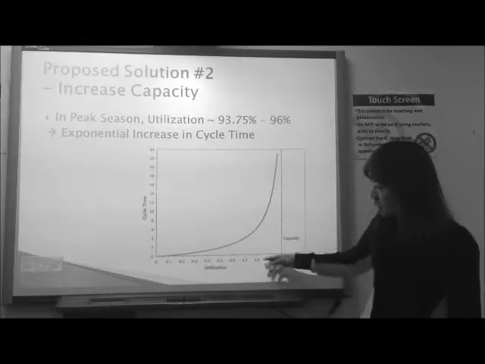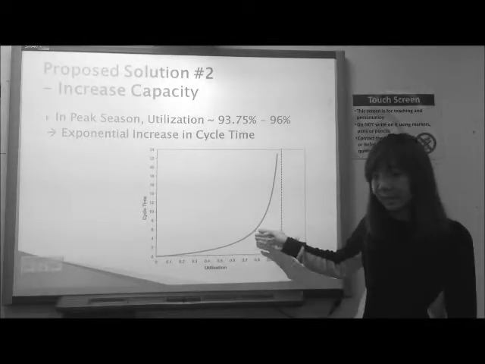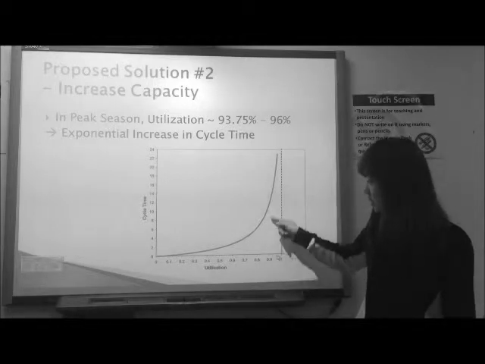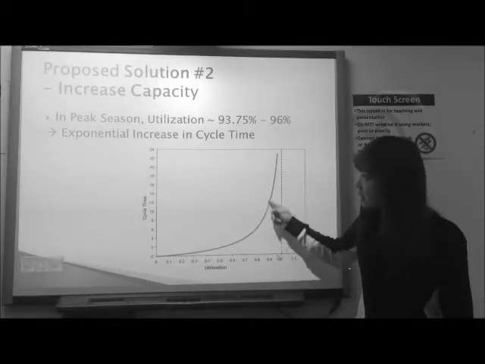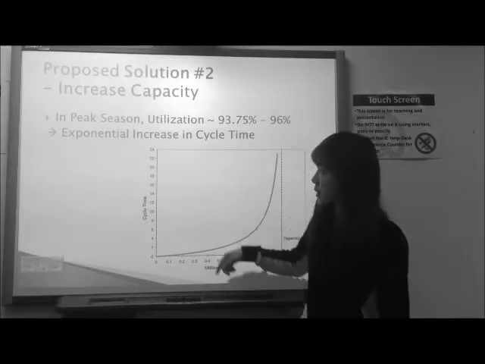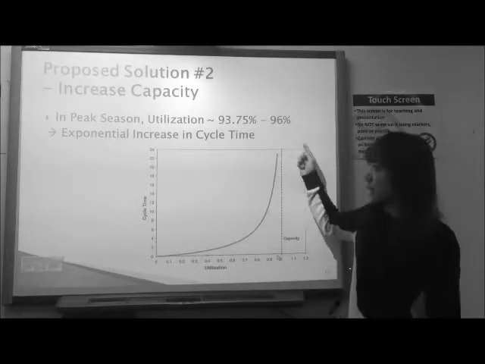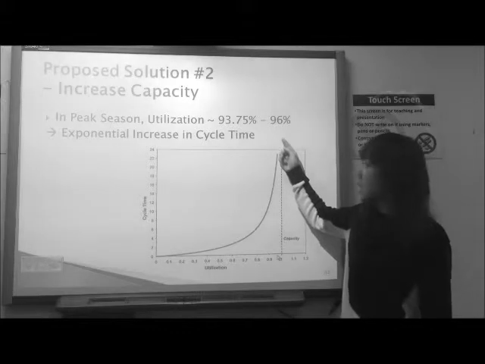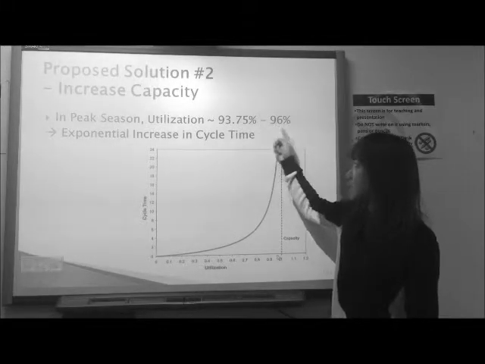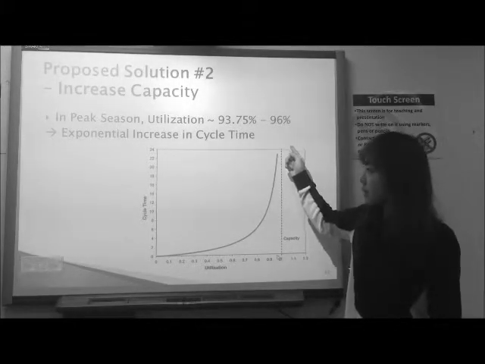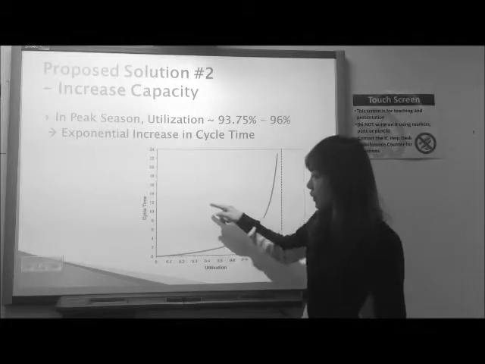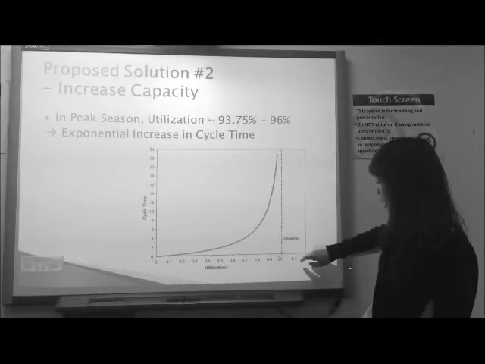So according to this curve, when the utilization is more than 90%, there is an exponential increase in the cycle time. So in peak season, the utilization is around 93% to 96%. That means we have to do something to control the cycle time.